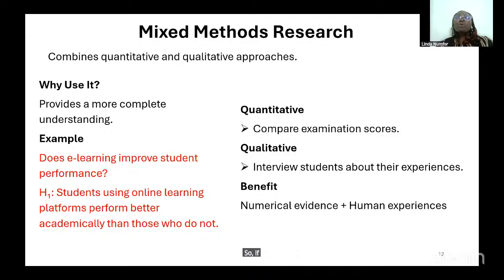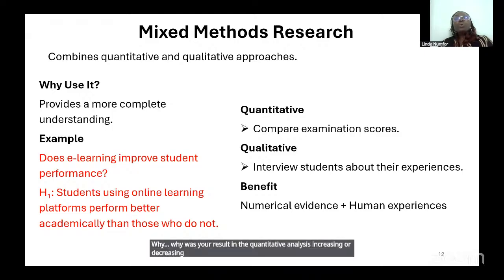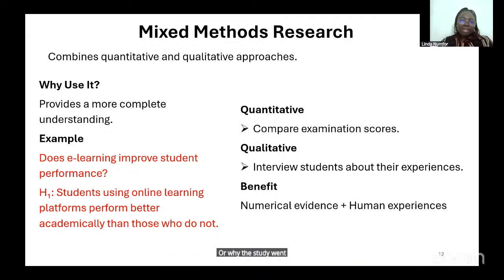If you have a quantitative study, and then you add the qualitative, it makes the study much more reliable, and you have a complete study of why your result in the quantitative analysis was increasing or decreasing. Now you get people's opinion, you understand more of why the study went that way, either increasing or decreasing.